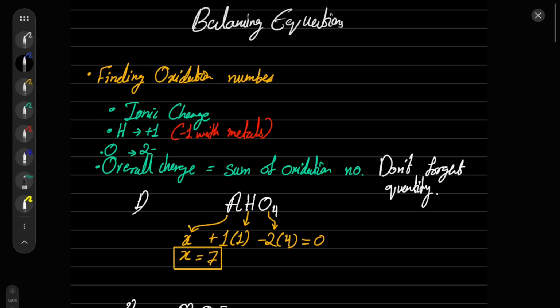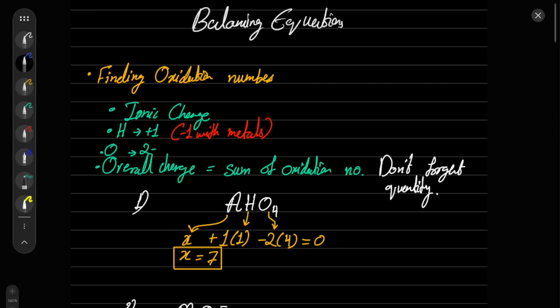Obviously, you will not be forgetting the quantities that are present. So let's get to some examples so that you can see it practically. For example, you have a substance AHO4, A being the substance in question that you need to figure out the oxidation number for. I've taken that oxidation number as X, the oxidation number of hydrogen is 1, and the oxidation number of oxygen is -2. The quantities are taken into account and multiplied with the respective oxidation numbers.